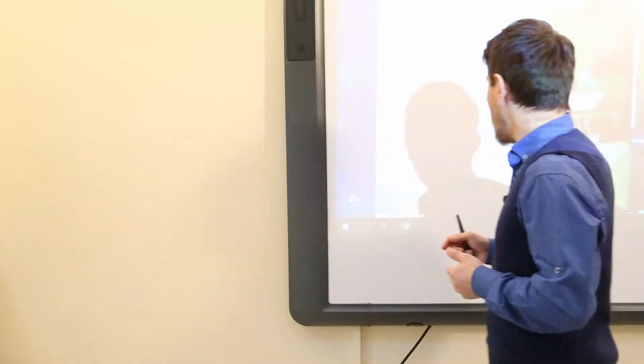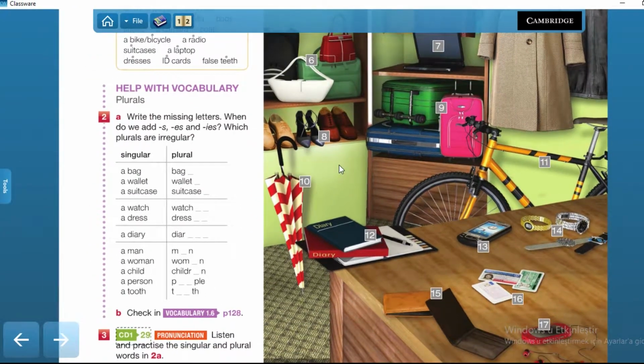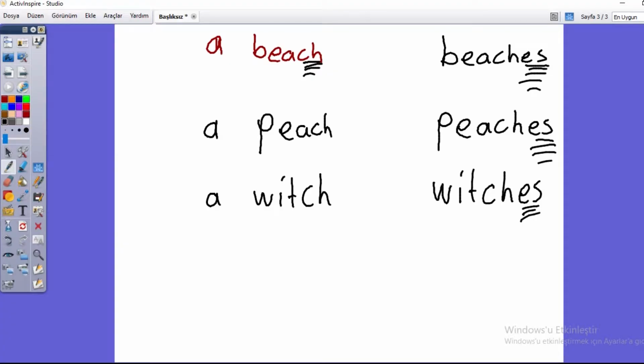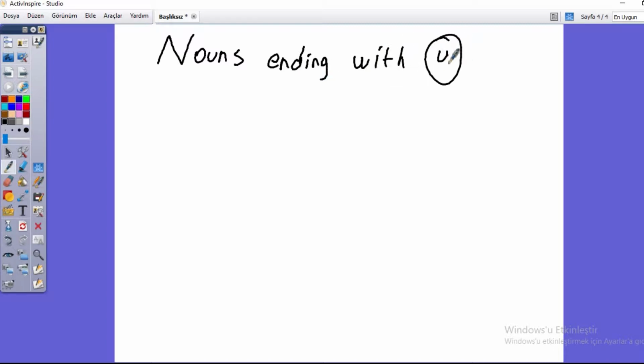The next rule here, let's go down on the book. Nouns ending with y. The next rule is nouns ending with y, we add ies.